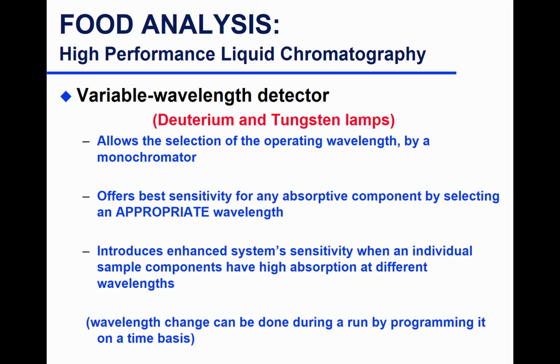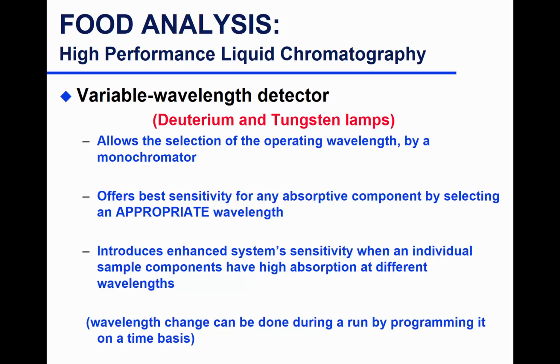So UV detectors, you have two main types. One type is your regular workhorse detector called the variable-wavelength detector. There is an older one that is no longer popular. It's called just the fixed UV detector, where the instrument has only one filter or two filters maximum, allowing absorbance at 1 or 2 wavelengths, nothing else.